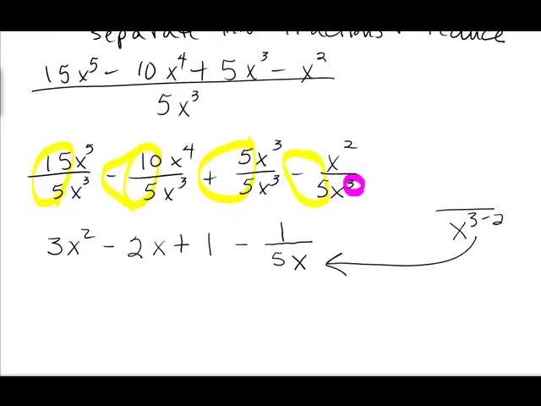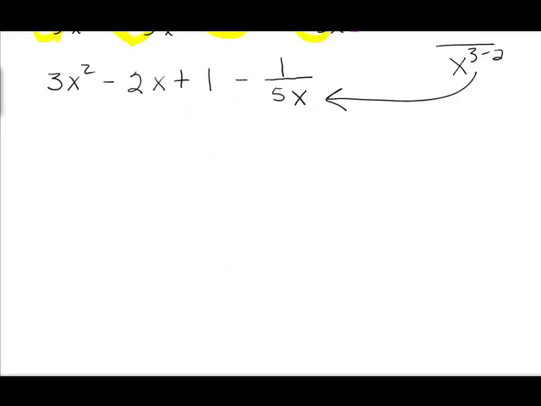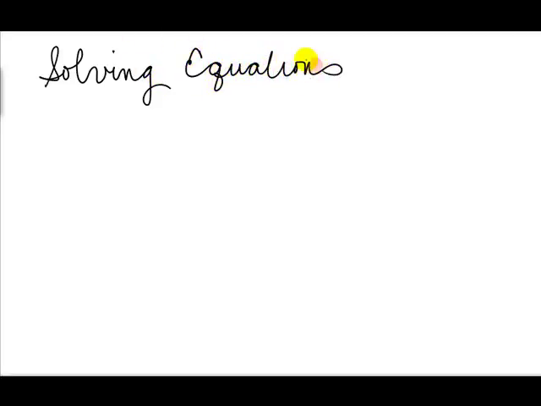In the 307 class, we spent a ton of time, most of our semester, solving equations. So we want to review that now. The first thing we can do is if we have fractions or decimals, we can eliminate those.